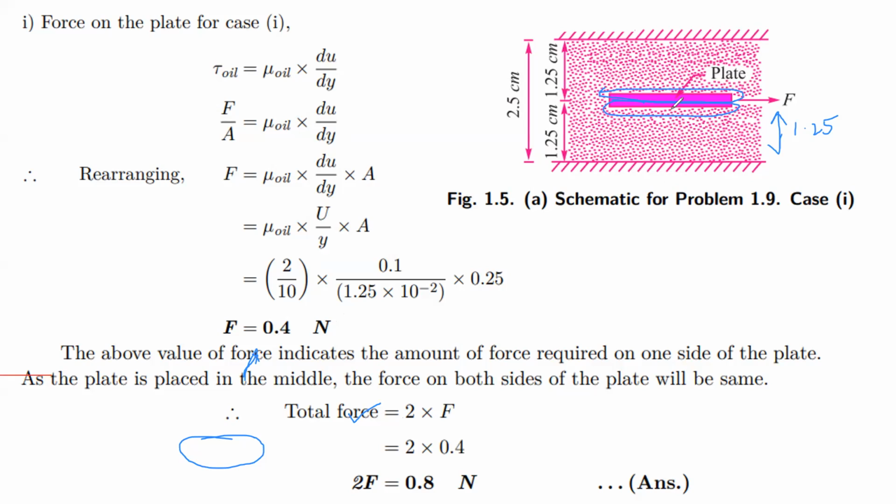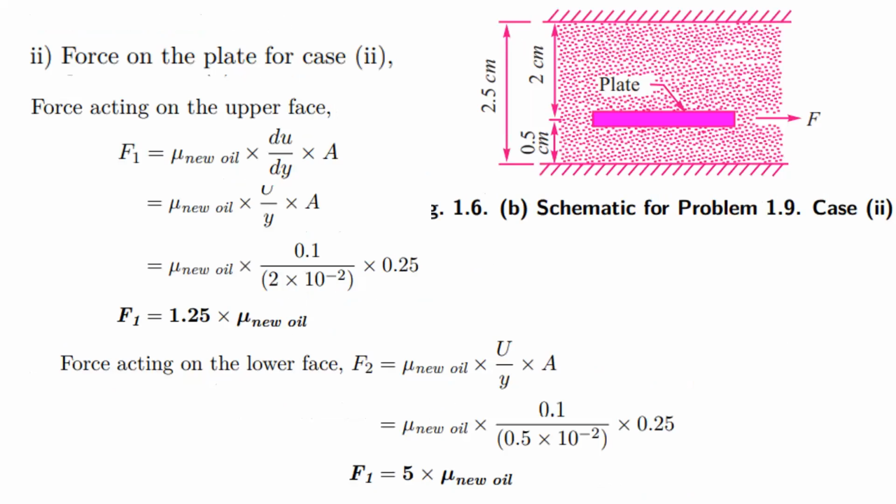Therefore 2F is equal to 0.8 Newton. Means the total force acting on the plate is 0.8. So first calculate the force on one side, next multiply with 2, and this becomes the shear force required on both surfaces to overcome the shear force.